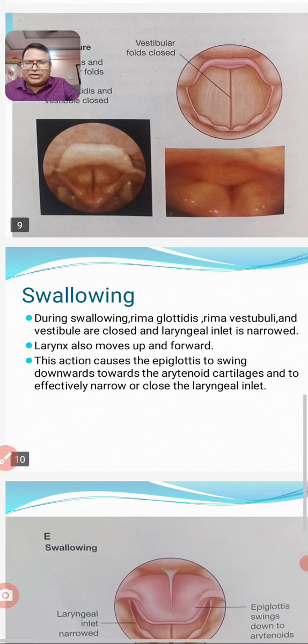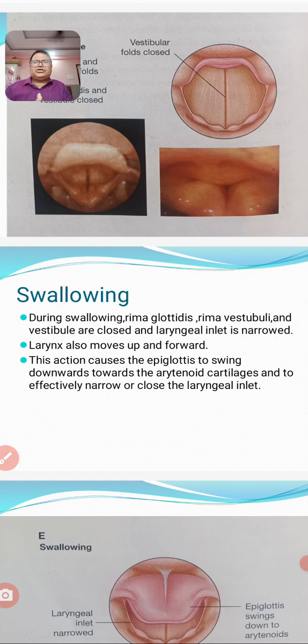Now, swallowing. What is the mechanism during swallowing? During swallowing, the rima glottis, the rima vestibuli and the vestibule are all closed, and the laryngeal inlet is narrowed, because food has to enter the esophagus.